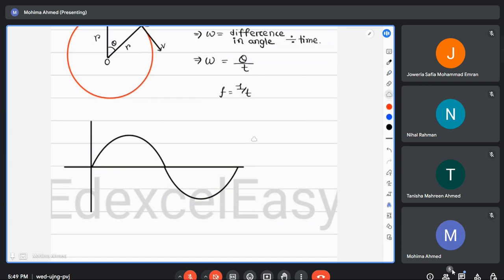Now from this one complete wave, if I take these sections, they obviously create almost a circle, right? They do resemble the shape of a circle. This is the top half and this is the bottom half.